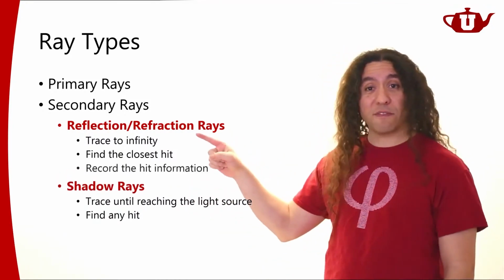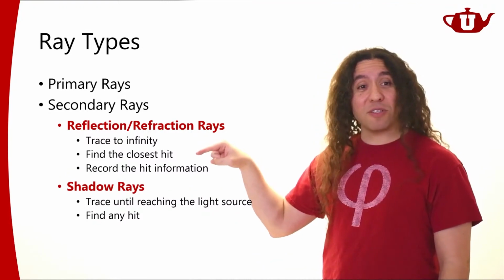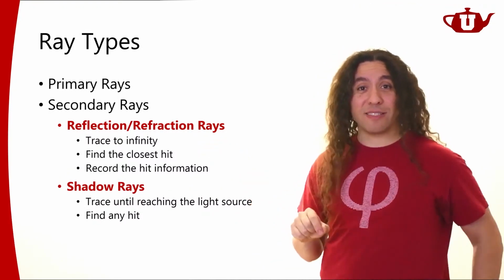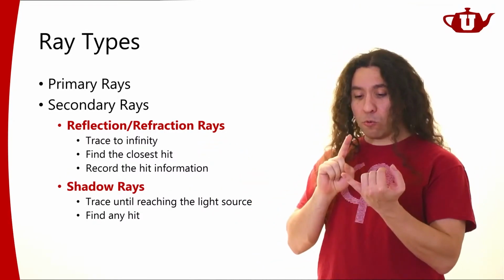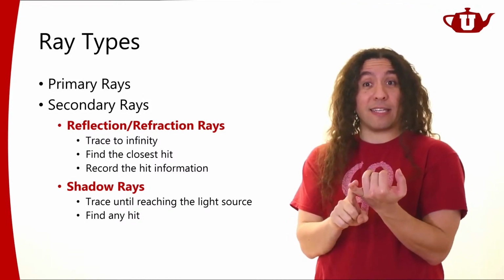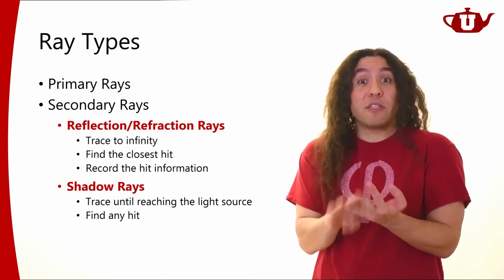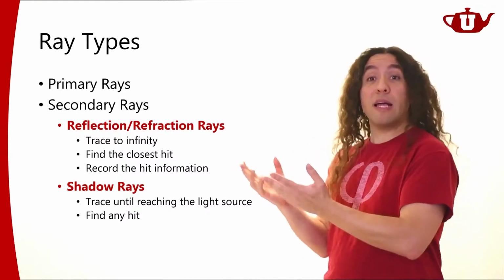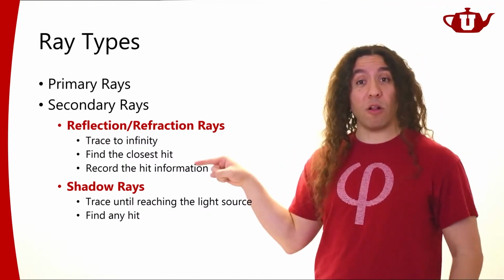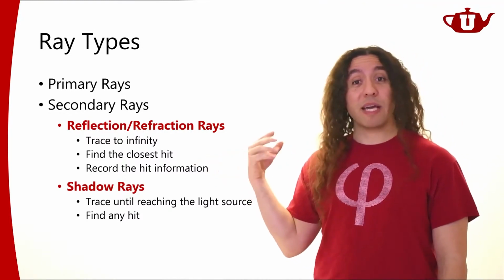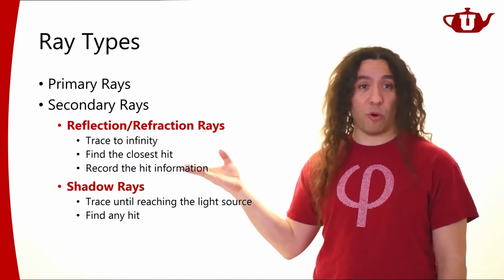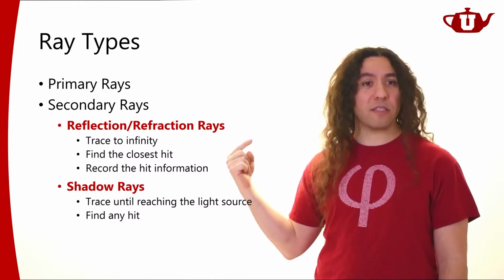But with reflection and refraction rays, I am going to need the hit information. I'm going to need to know what point in the scene I hit. What was that object? What's the material on that object? What's the surface normal? What are the barycentric coordinates? I need all this hit information, because I am going to shade that point to compute the reflection and refraction.